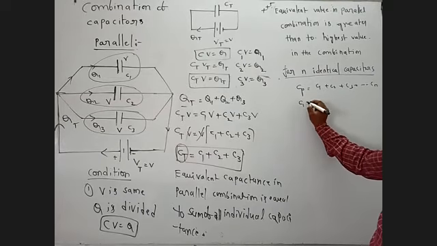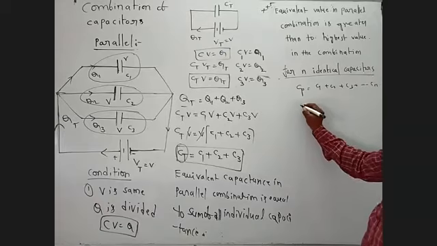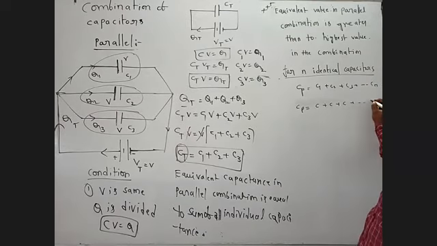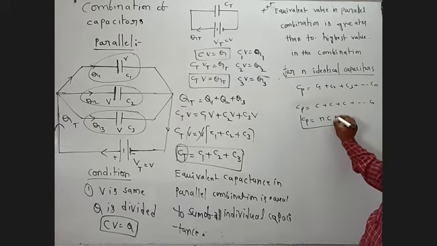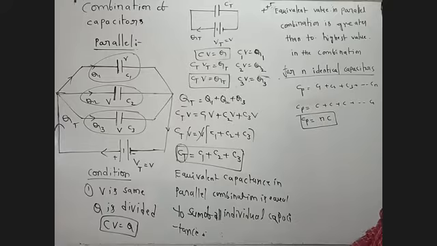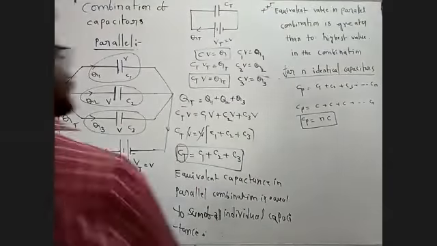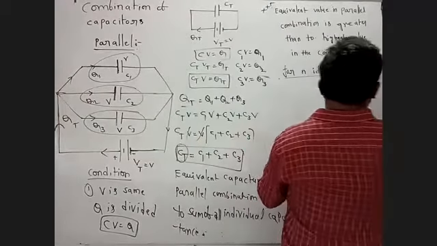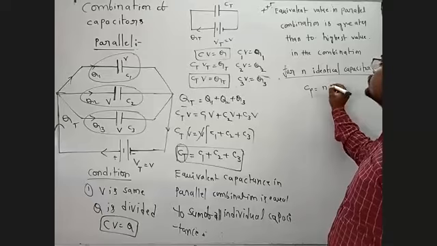Identical means C1 is equal to C2 is equal to C. So Cp is equal to C plus C and so on, which is n times C. So for n identical capacitors, the formula is Cp is equal to n times C.